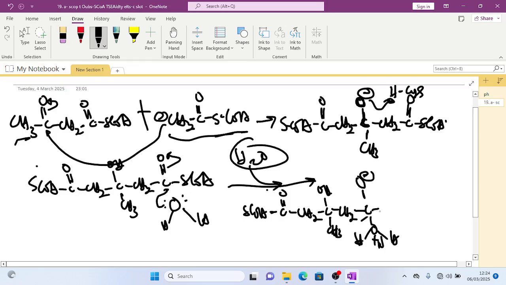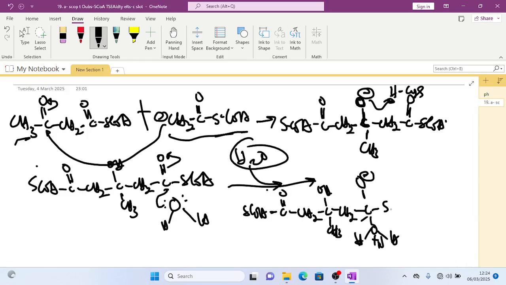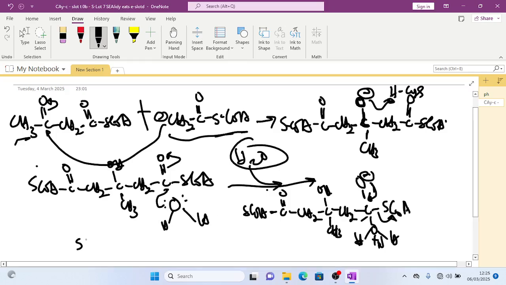Now this negative charge, because you can see negative charge, positive charge, this compound is extremely stable. So this negative charge has to resonate back, and the consequence is going to be the loss of this coenzyme A. And so we get a product that looks like this.